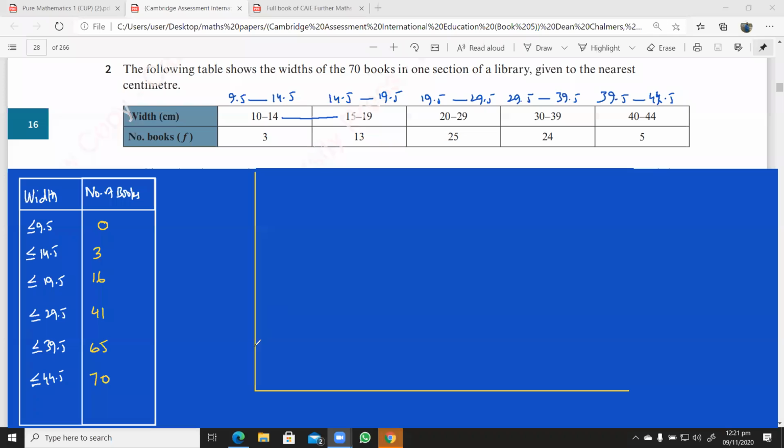I can write my scale here, like this is going to go from 0 to 70. And this is 10, 20, 30, 40, 50, 60, 70.